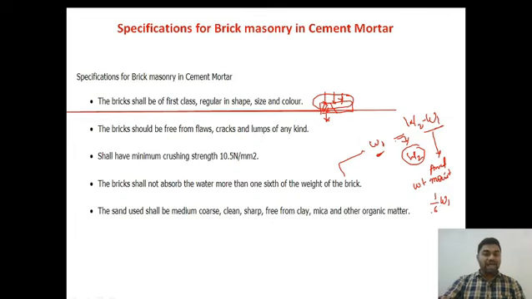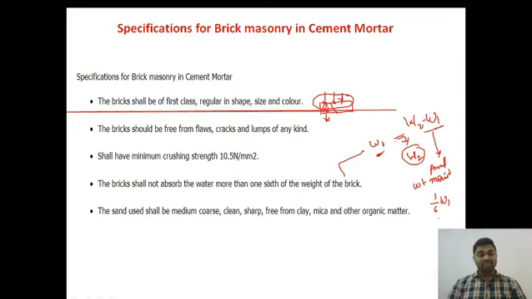The sand used shall be medium coarse, clean, sharp, free from clay, mica and other organic matter. What happens if the sand contains these impurities such as clay, mica and other organic matter? It reacts with the cement and forms additional products which are harmful for our brick masonry and for our structure.